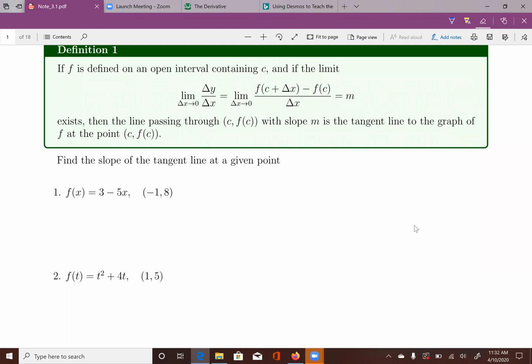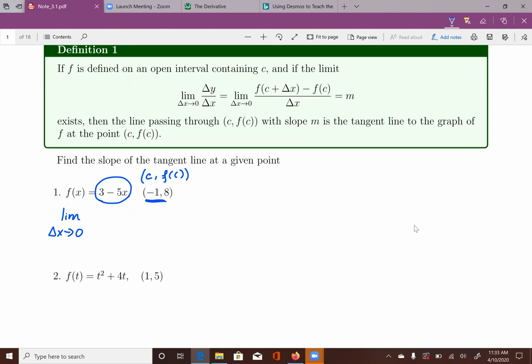Now, if we want to look at the first example, we have a function f of x equals 3 minus 5x here. We want to find the slope of the tangent line at this given point, where -1 is c and 8 is f of c. Using the definition, we want to use the limit process when delta x goes to 0.